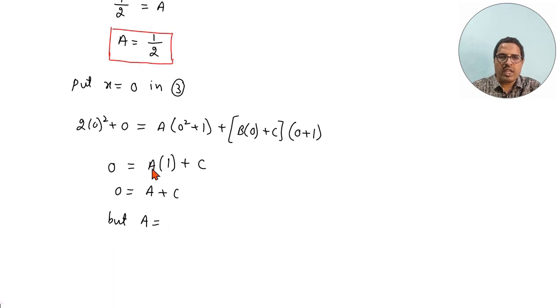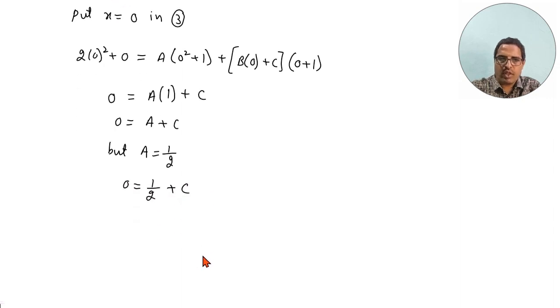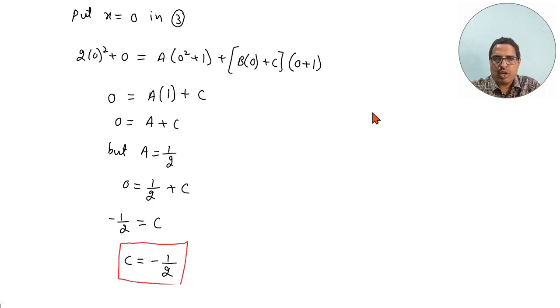We have calculated a as half. So let us plug that in: 0 equals half plus c. If I send this half to the other side, it becomes minus half equals c. So hence we have got c equal to minus 1 by 2. That is the next value we have.